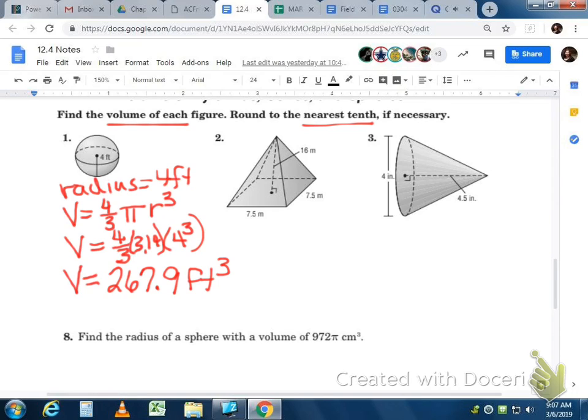So what that means is this. Instead of 3.14, you would do 4/3 pi and 4 cubed. You would really just multiply 4 cubed, take it times 4/3, and then leave pi there. Don't plug anything in for pi at all. So go ahead and try that. Go ahead and do that calculation.